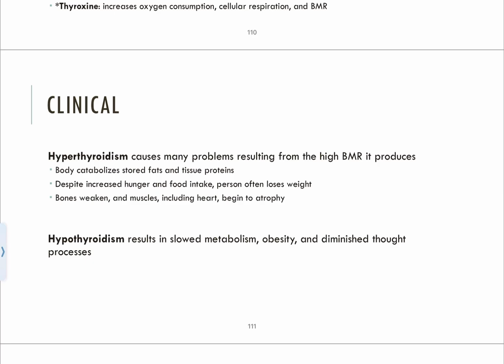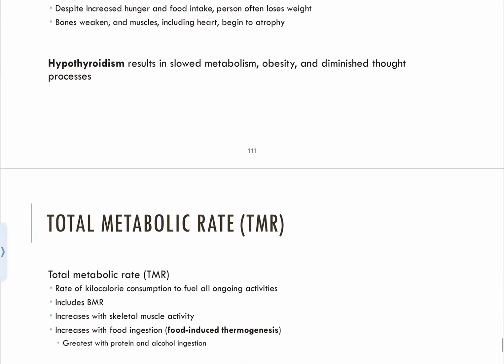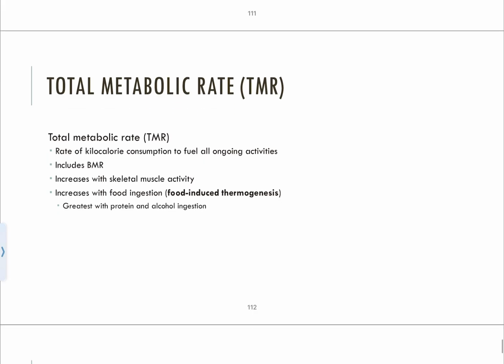So the body catabolizes all of our adipose tissue, our stored fat, as well as proteins. Despite increased hunger and food intake, the person typically loses weight. You also can have your muscles weaken and your bones also weaken. If we're talking about hypothyroidism, this results in a really slow metabolism. Typically, you end up with obesity and can end up with a reduced thought process as well.